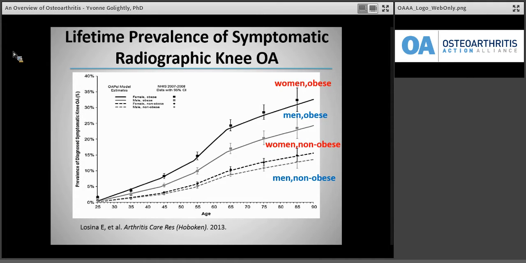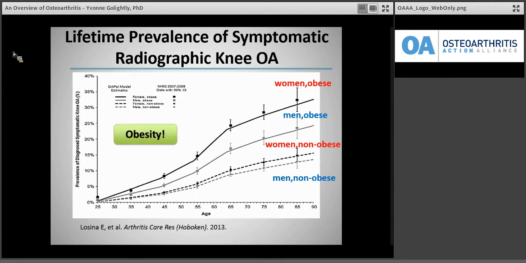So these are some population-based data from the National Health Interviews Survey that show a slight increase over time with aging, which you really see among the non-obese, with around 10% of 85-year-old women and men having osteoarthritis. So what seems to be driving that increased prevalence that we see with age over a lifetime?